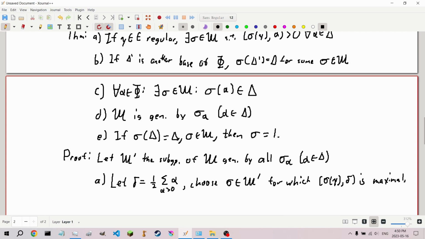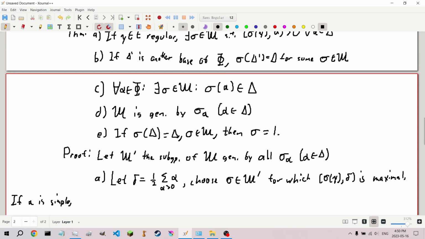If α is simple, then σ_α σ is in the lesser Weyl group.